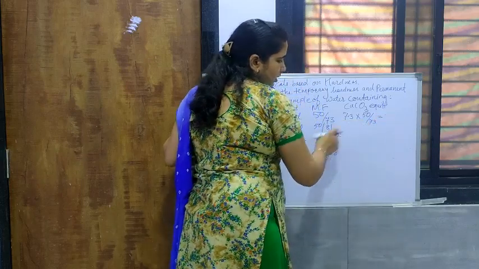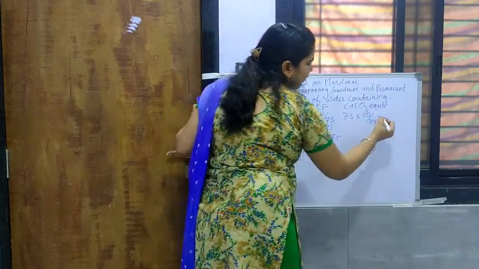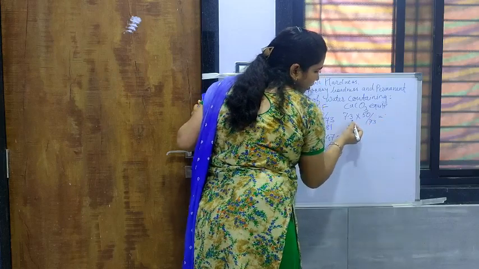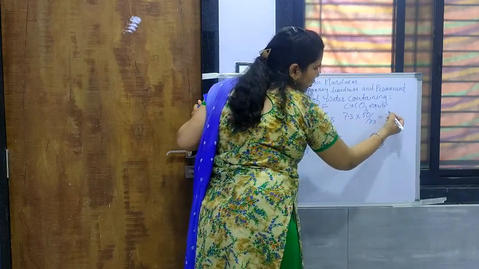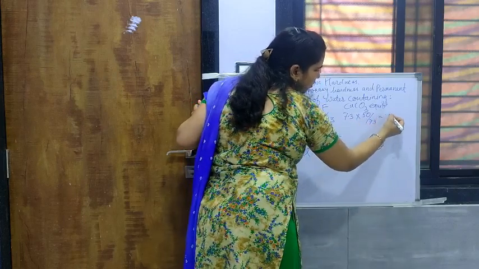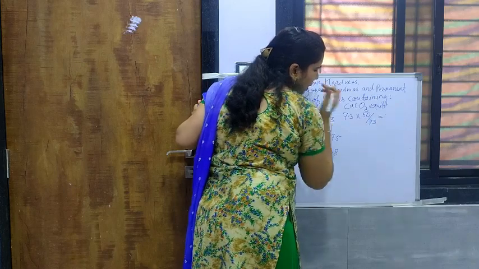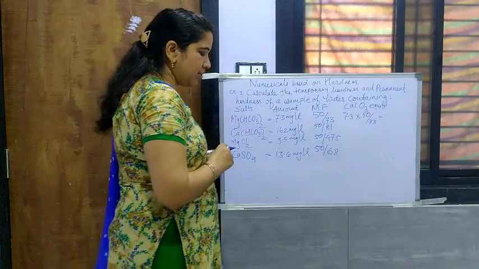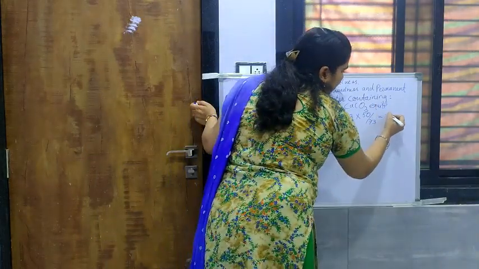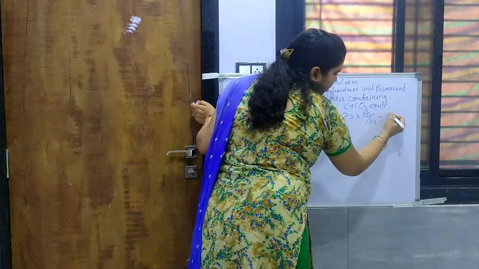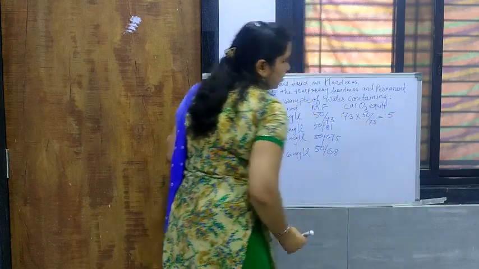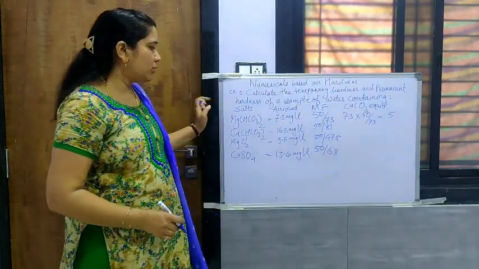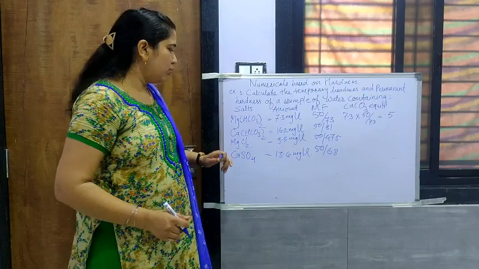So 73 will cancel with this 7.3 and we get the value 10, that is 10 into 50. Lastly there is 0.1 into 50, that is 5. So CaCO3 equivalent for this particular MgHCO3 by 2 is 5.